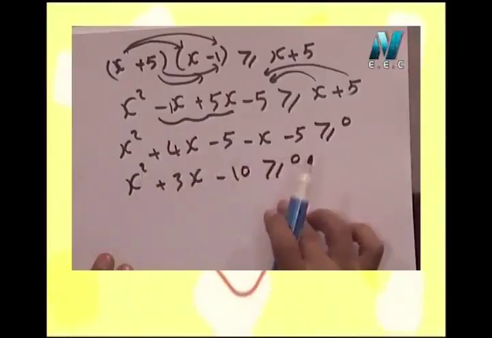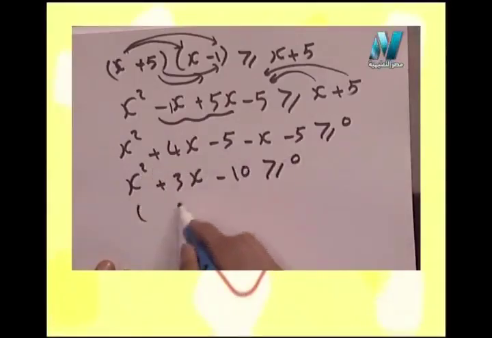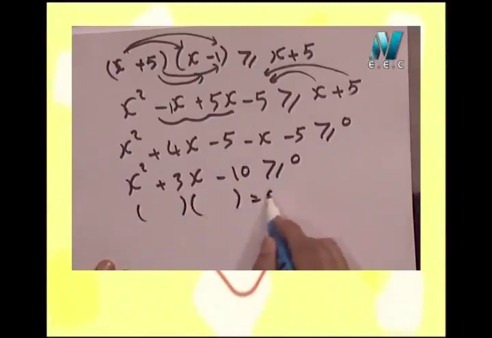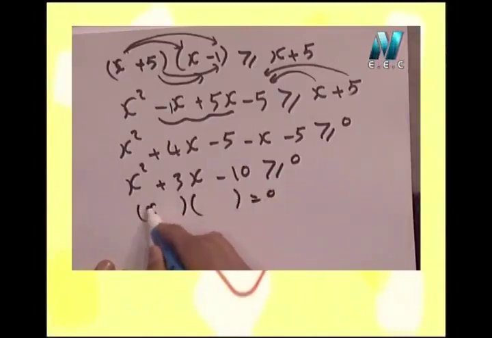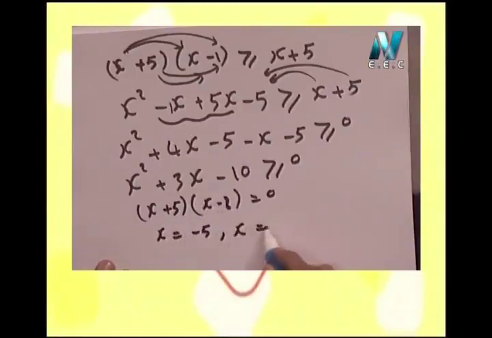We have a function here, and if we try to solve it, we will have two roots, x plus 5 and x minus 2. So x equals negative 5 and x equals 2.